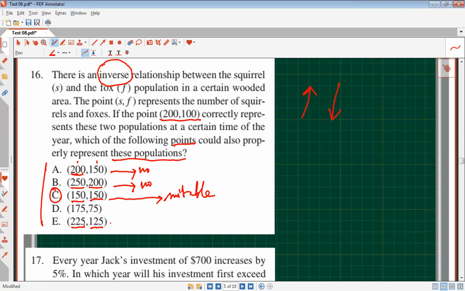So both increase. No, it is not suitable. The final result is option C.